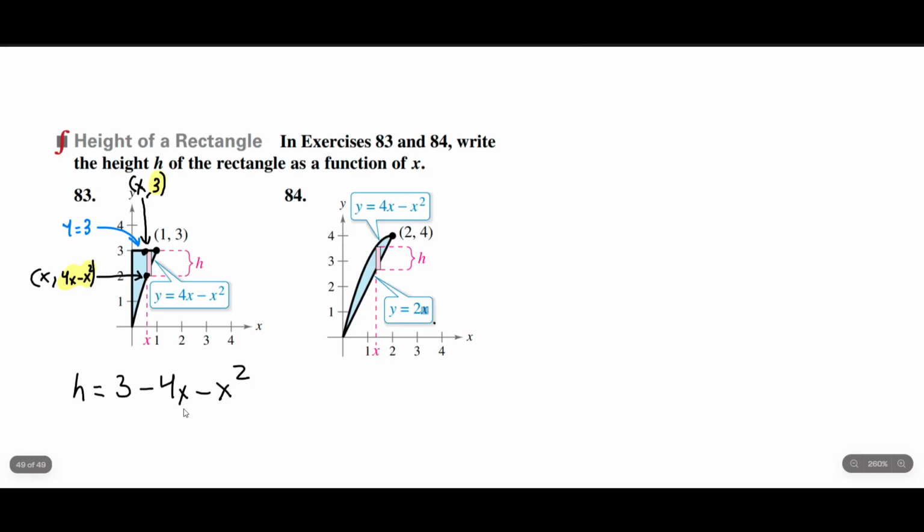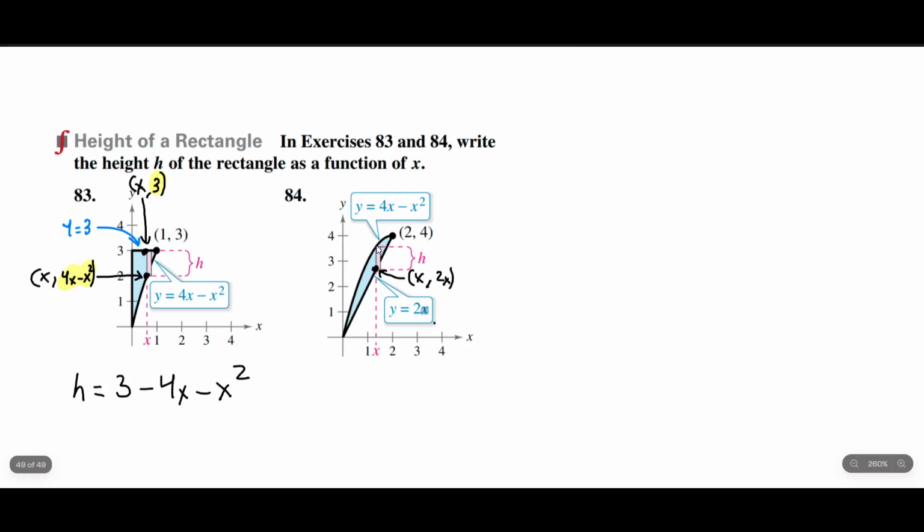Alright, let's begin with the next problem here. We see the same similar layout. We're given the equation of this line here, and we're also given the equation of this curve here. So very similar setup, and guess what? The process is also the same. We want to find this point. This point would be x comma y, but it's also just x comma 2x.